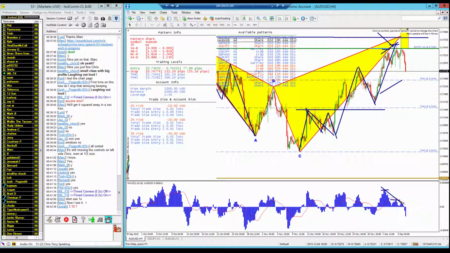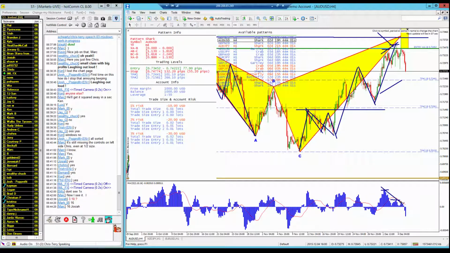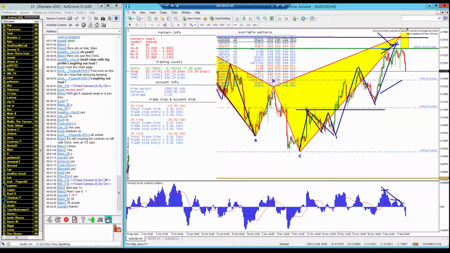My former partner, Linda Bradford Raschke, had discovered this and made her little modifications on how she uses it. And quite honestly, she revolutionized her trading, my trading, and many thousands of people's trading back in the 90s. And this is something I've been using since 1997.